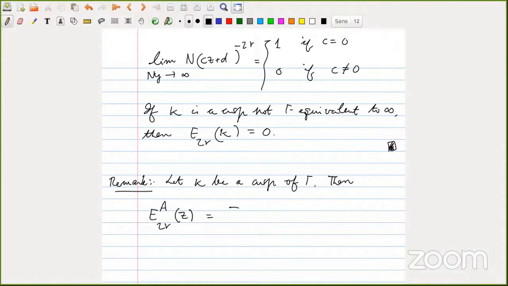This will turn out to be equal to the sum of N(cz + d) to the power of -2r, where the sum is over gamma belonging to A Gamma A inverse modulo the stabilizer. This E_A is the automorphic form which we have defined earlier. So we are doing it for this Eisenstein series.